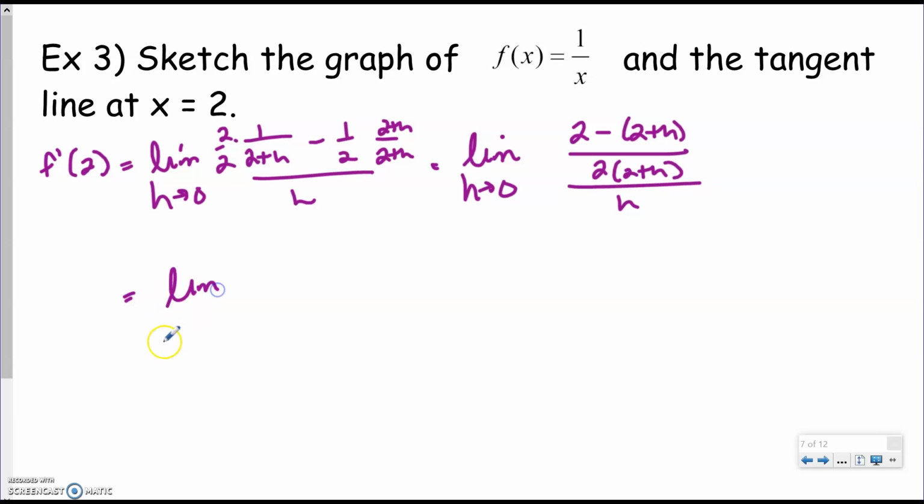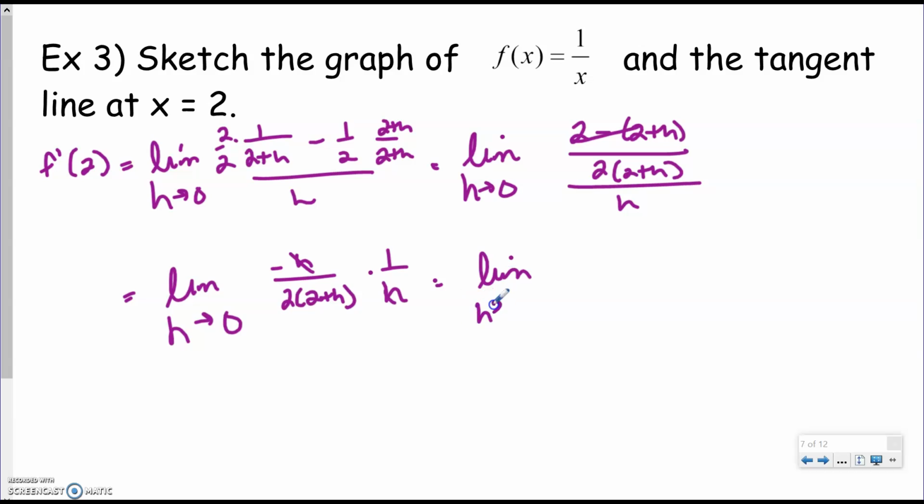And this is going to simplify nicely so that I have 2 minus 2 is 0. That's a negative h over 2 times 2 plus h. And then I'm going to multiply by the reciprocal here so it's easier to see. So those cancel.